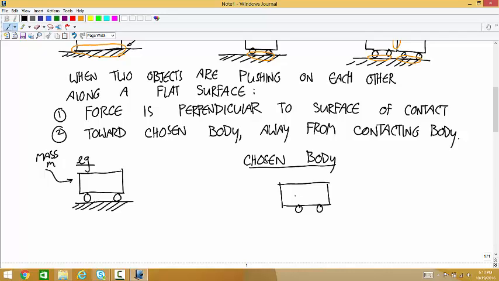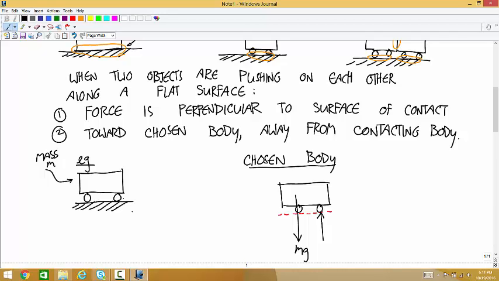The forces acting are first the weight force, that's mg down, and then second you have contact along this flat surface. It's perpendicular to the surface, so this is the surface of contact. We know that the force is perpendicular to that, so it can be either up or down. Those are both perpendicular to that dotted line. And we want the one that's toward the chosen body, away from the contacting body. So do we want up or down? Up, yep.